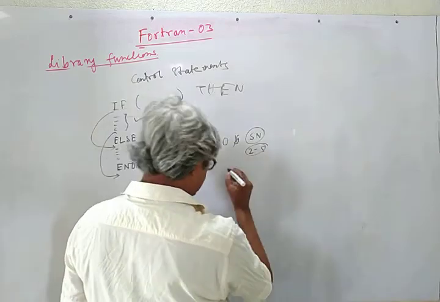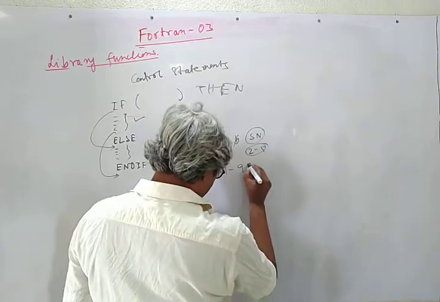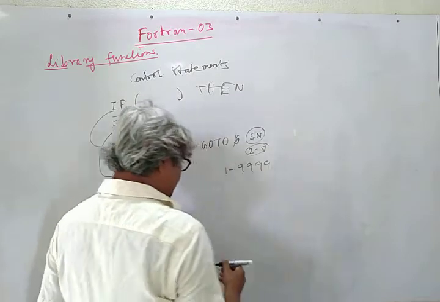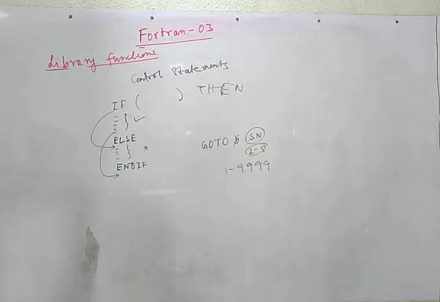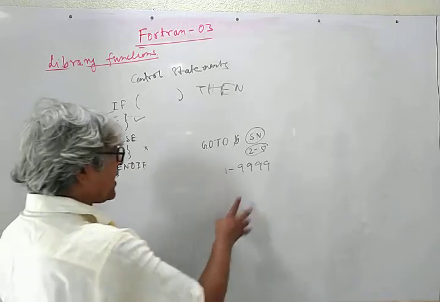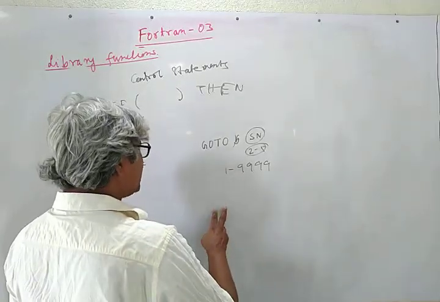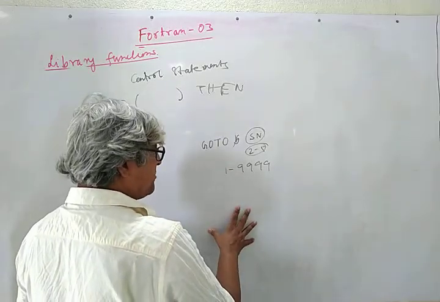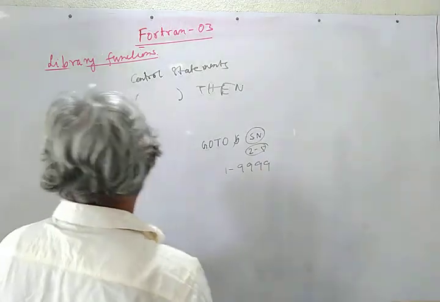The restriction is that the statement number must be a positive integer in the range 1 to 999, and within a program there should not be two lines having the same statement number, because it will create an ambiguity.